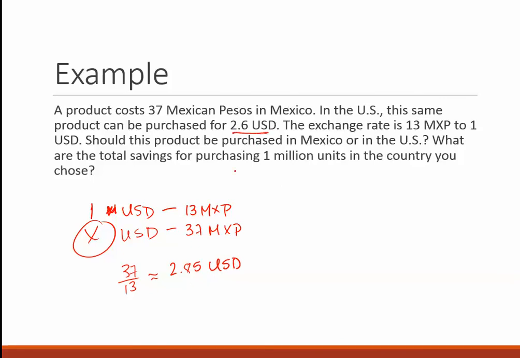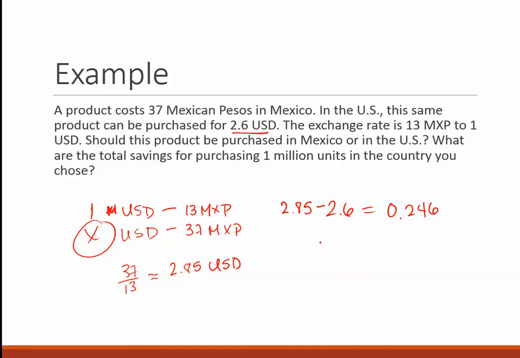So we can buy it here for 2.6. And the difference, and this has more decimal places in my calculator, is 2.84 something minus 2.6, which more precisely is 0.246.